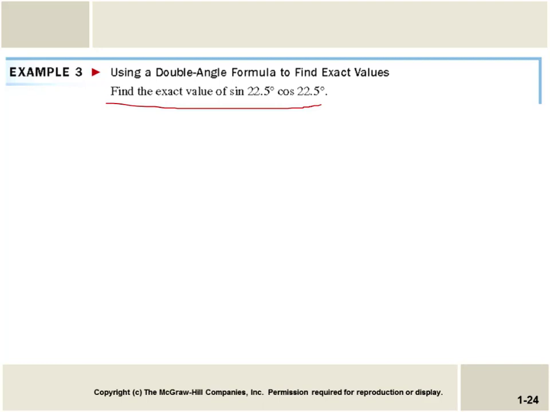If you look at it, the sine of 2u is 2 sine u cos u, and the cosine of 2u is cosine squared u minus sine squared u, right?